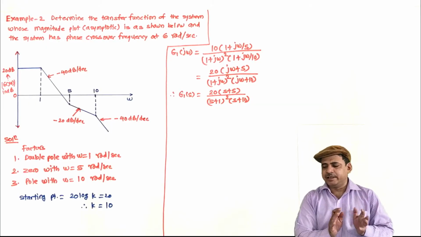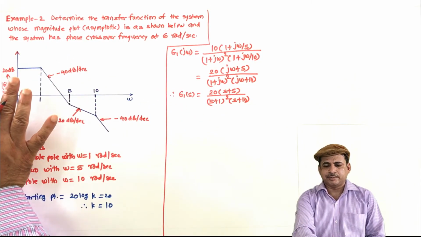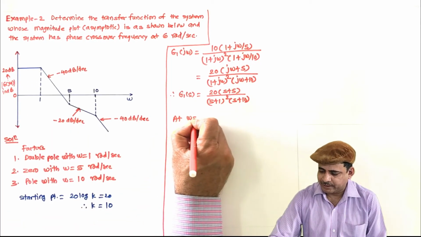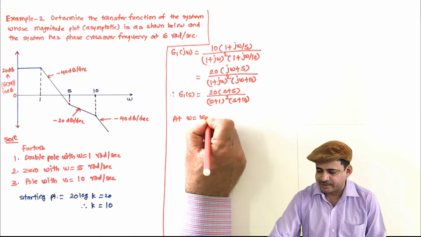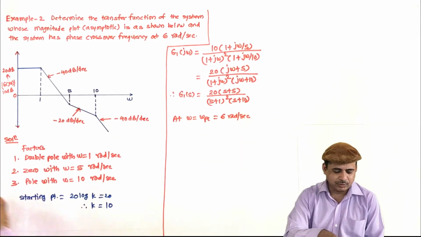And now we have to find out the delay, and that we will do from the phase equation. At omega equal to omega pc equal to 6 radian per second, what do we have?